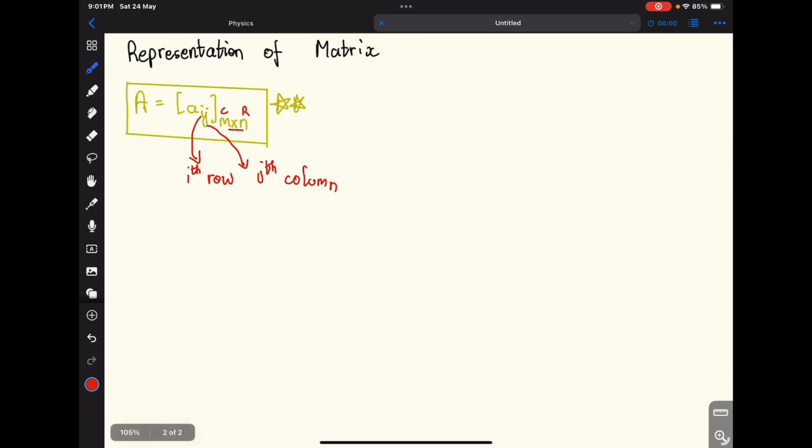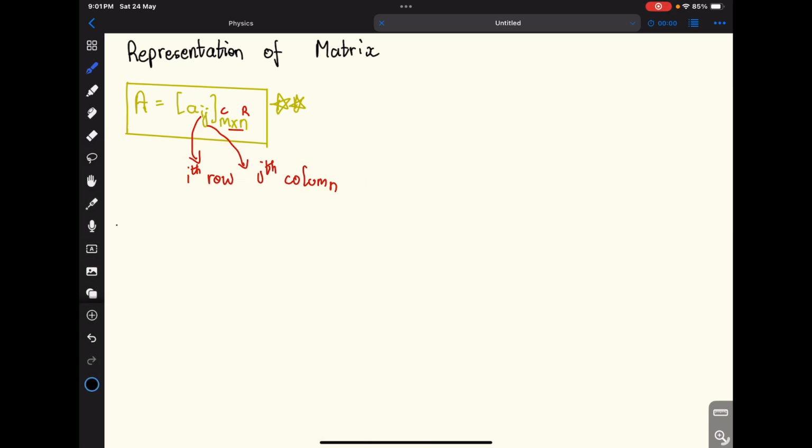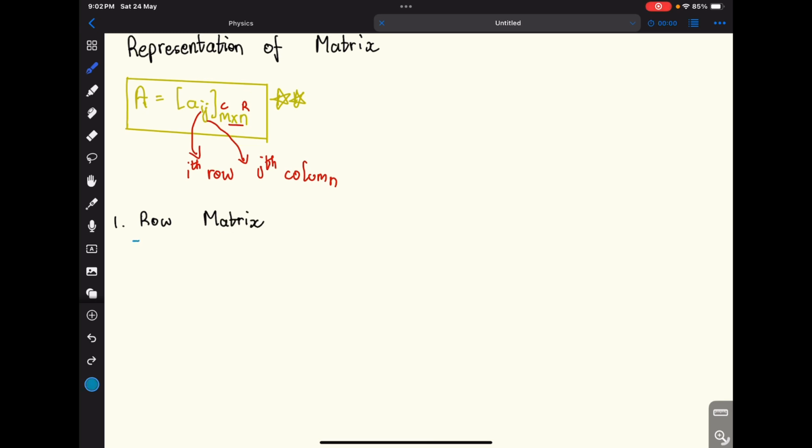Now let's start to know what the types of matrices are. Number 1, row matrix. A matrix having only one row is called a row matrix. For example, 1, 2, 3. This is a row matrix. Only one row. Row means horizontal line.